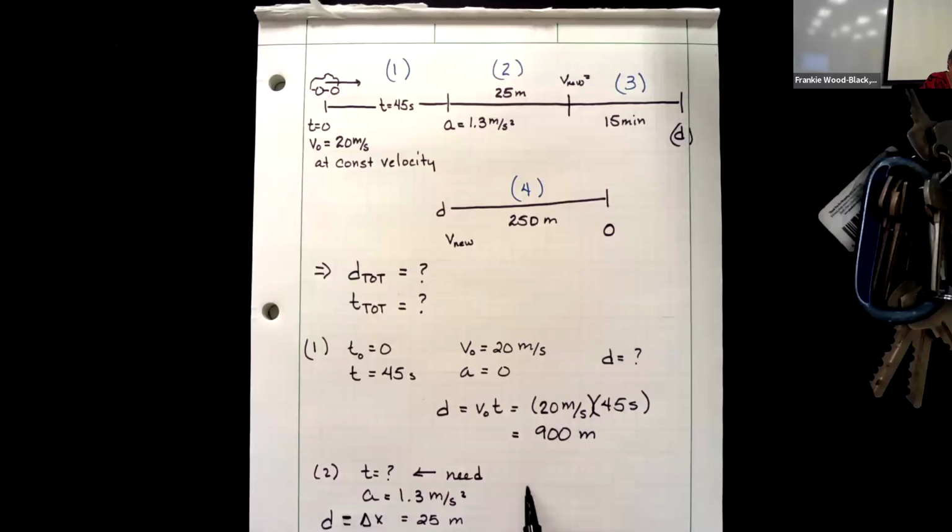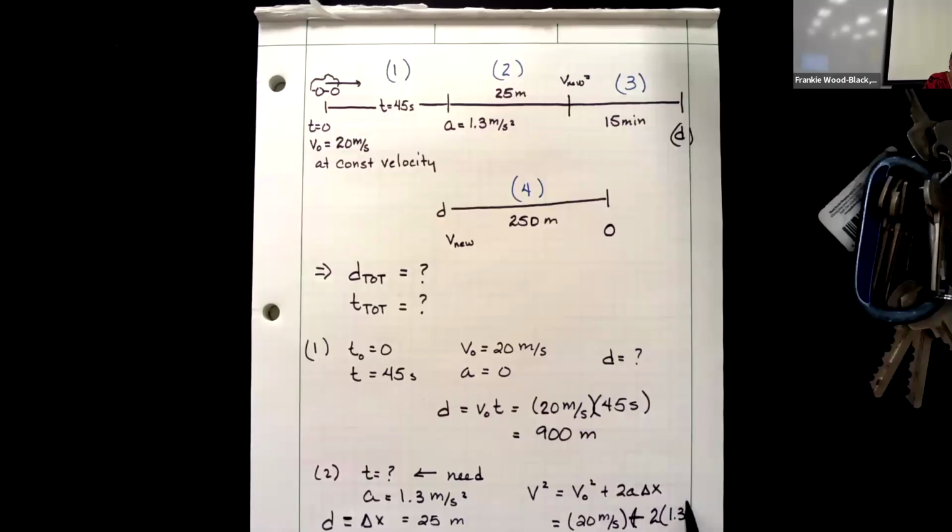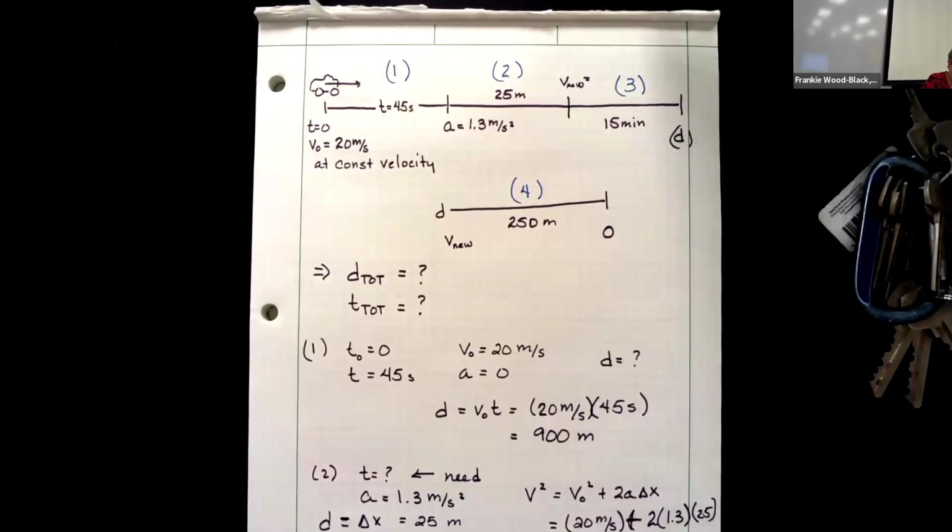Well, I can do v squared is equal to the initial velocity squared plus 2 times my acceleration times my change in distance, which I know. My initial velocity was the same velocity that I started with, so that's 20 meters per second. So this is going to be 20 meters per second squared plus 2 times my acceleration, which is 1.3, times my change in distance, which is 25 meters.